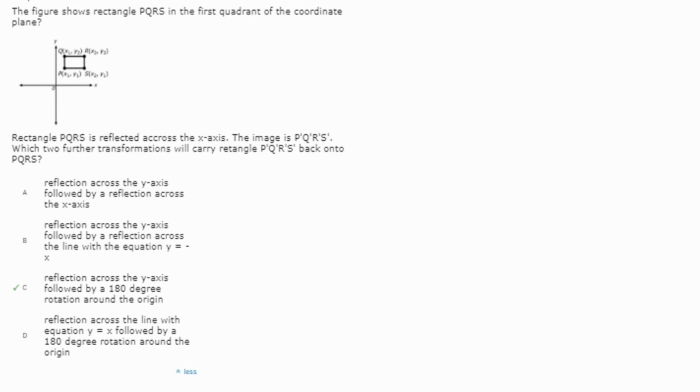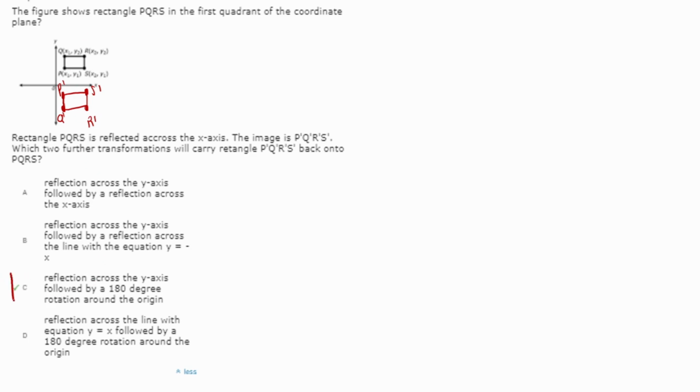So we want to get the image after it's reflected. If it's reflected over our x-axis, it's going to be somewhere here, looking like this. Boom and boom, where this is Q prime, this is R prime, this is S prime, and this will be P prime. How do we get it back?